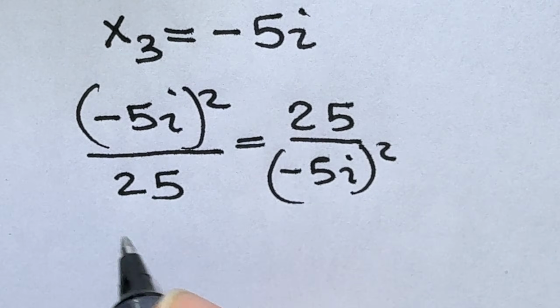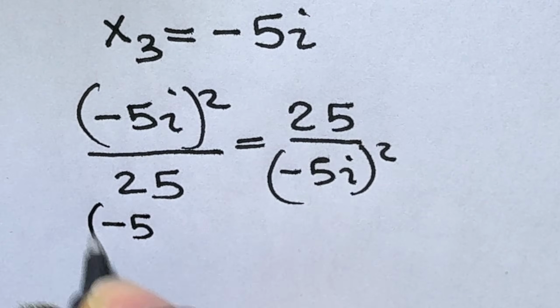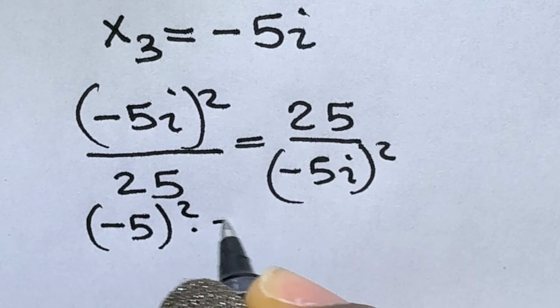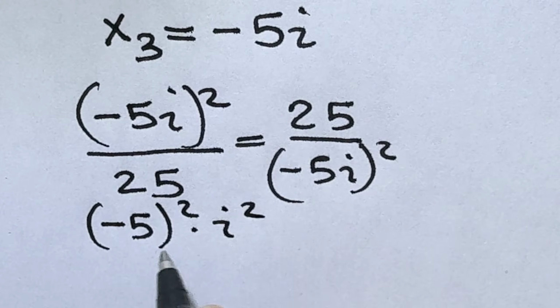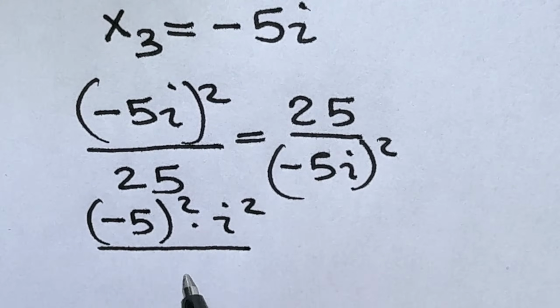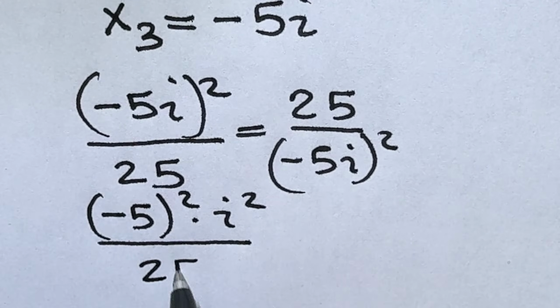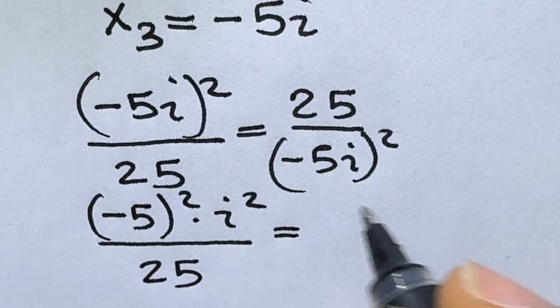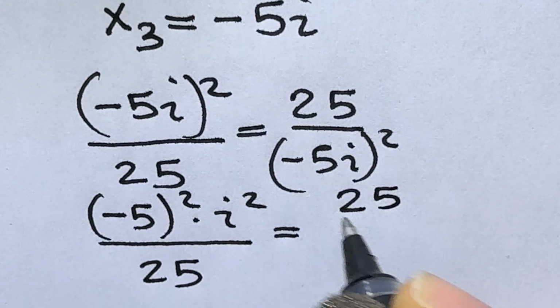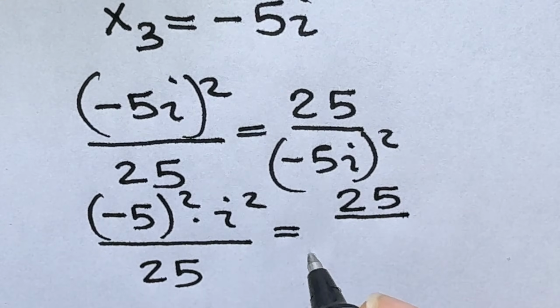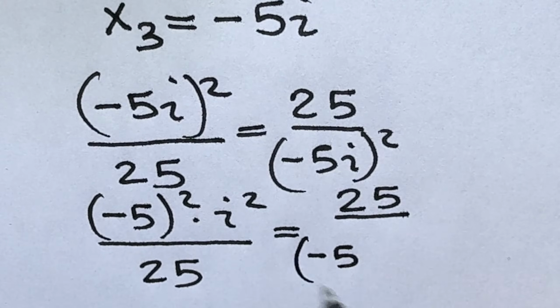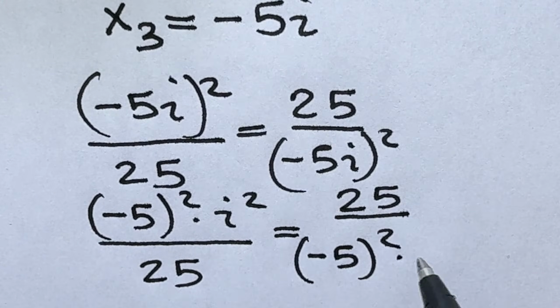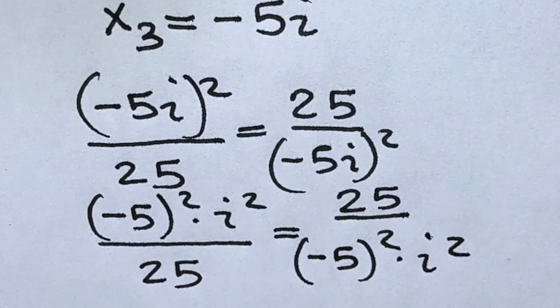So we break this down into negative 5 squared times i squared divided by 25 is equal to 25 divided by negative 5 squared times i squared.